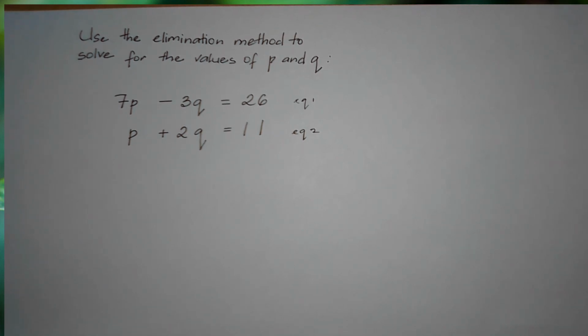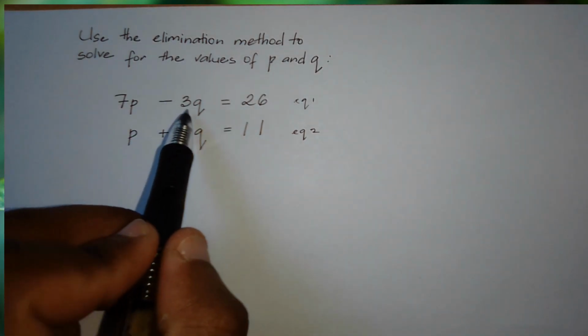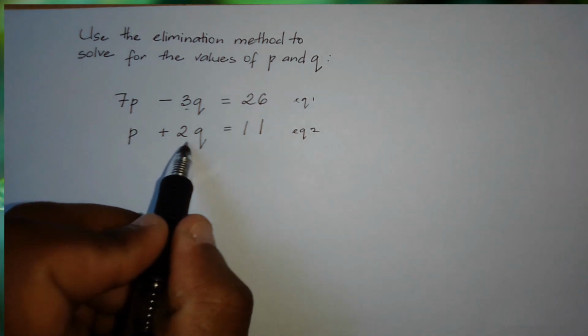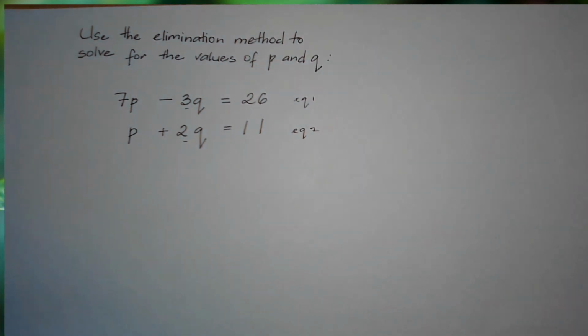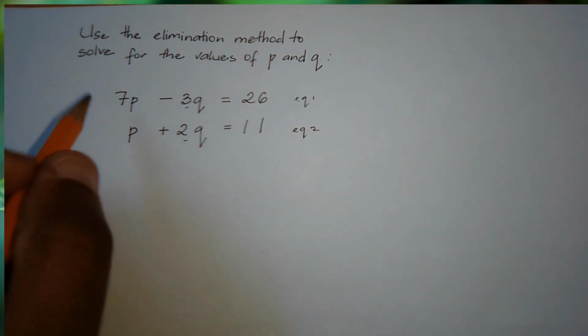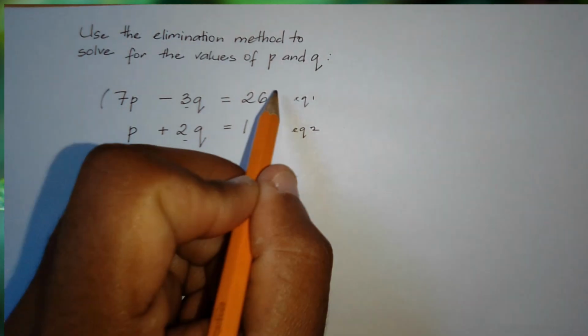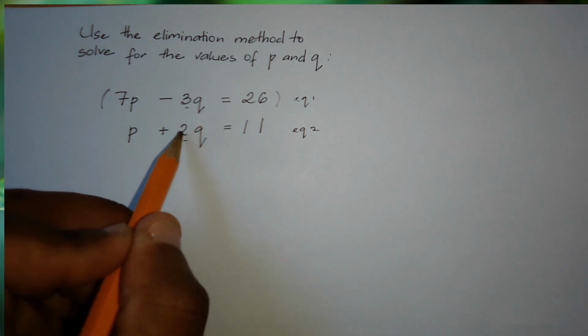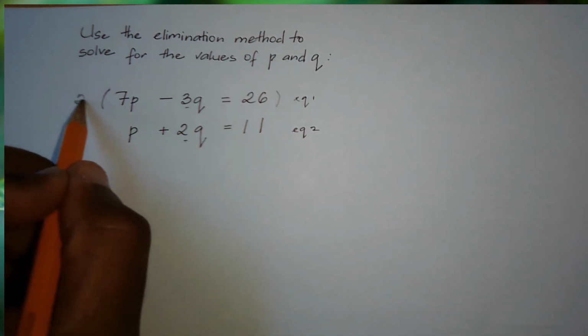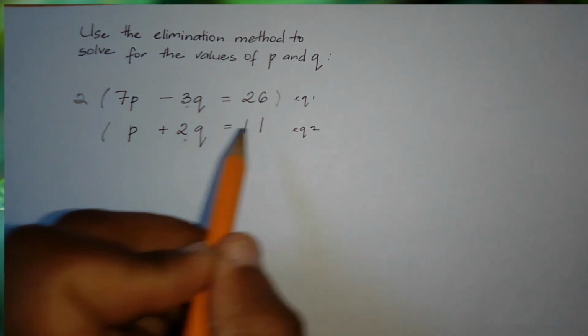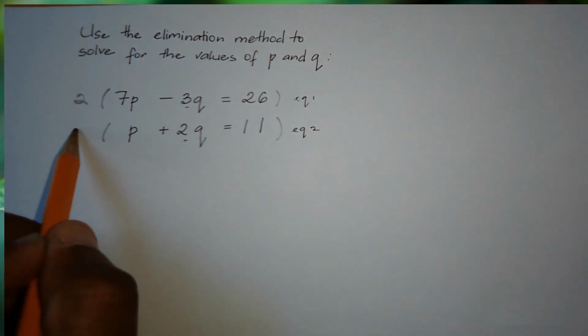So let's say I'm going to select the variable Q to eliminate. I'd have to look at it and say, okay, this is a 3 and this is a 2. The easiest thing for me to do is to multiply this equation by 2 and to multiply this equation by 3.